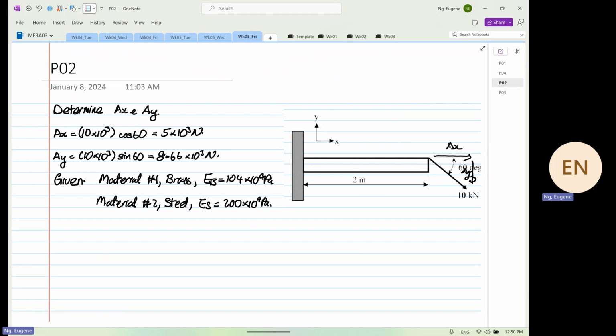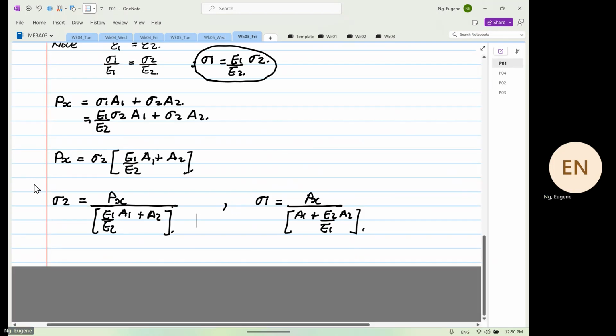So the first thing we're going to calculate, we're going to determine stress X due to axial loading. Okay, we are going to determine stress X due to axial loading. So the formula that we're going to use is this formula over here.